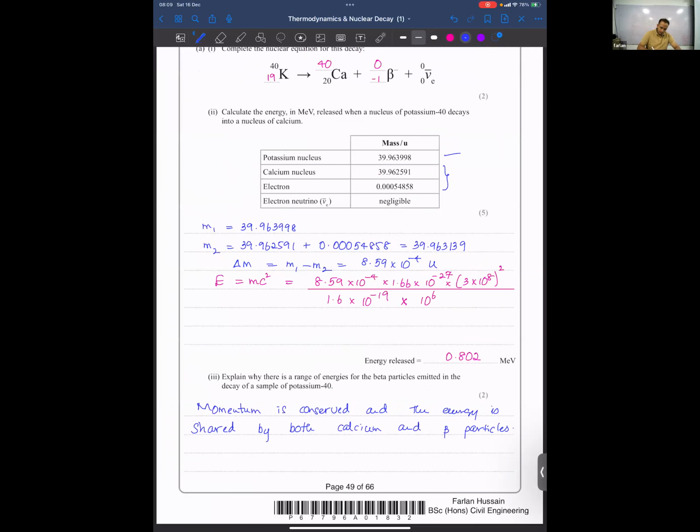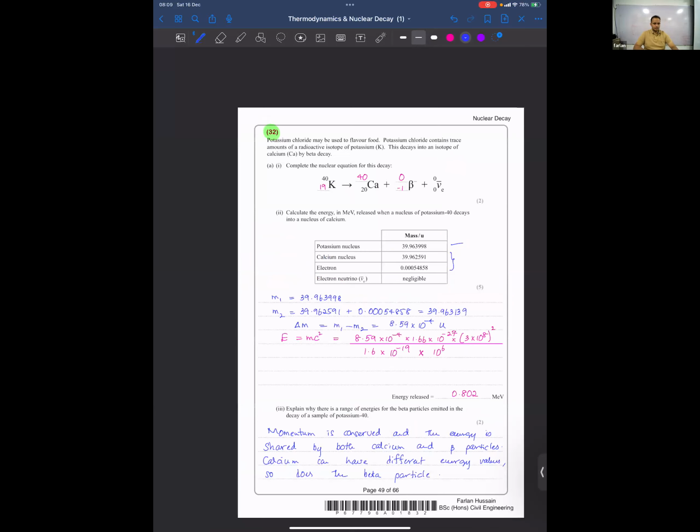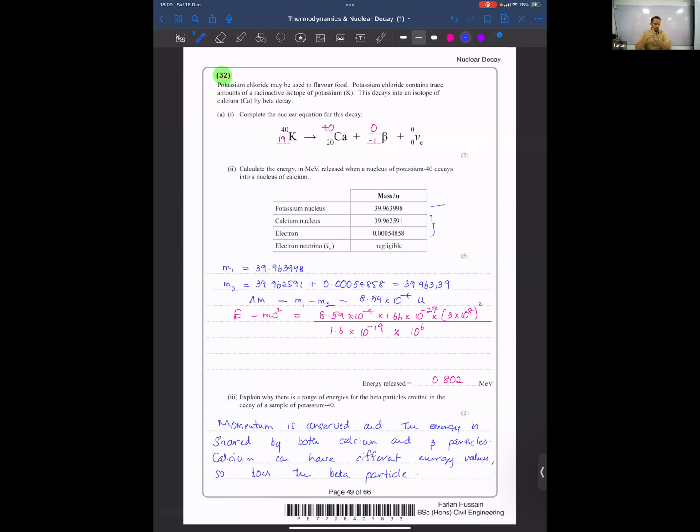The calcium nuclei can have different energy values or speed. So does the beta particle. Right? We have answered the rest of the question. Part B we have done.